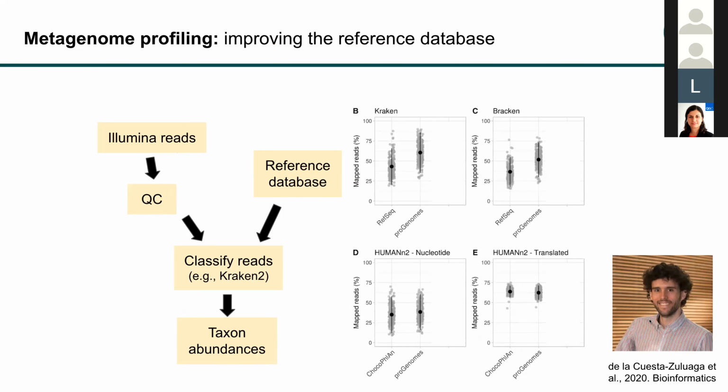So Kobo, a PhD student in our lab, looked into the issue of the fact that for even human gut metagenomes, often the percent of reads classified was relatively low using these default databases. So here, for instance, with Kraken, you get less than 50% on average classified using the Kraken reference database with human gut metagenome samples.